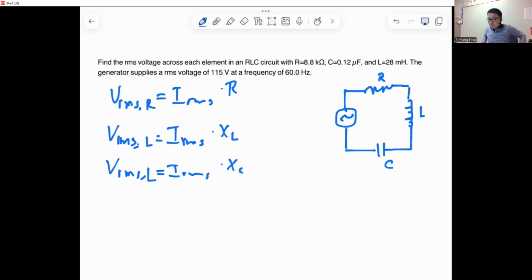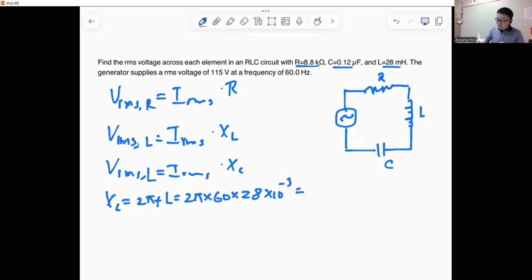All right, we are given R, C and L, so we can find XL and XC. Let's find XL first. XL is equal to 2 pi F times L. We plug in numbers: 2 pi times 60 Hertz times 28 times 10 to the minus 3 Henry.